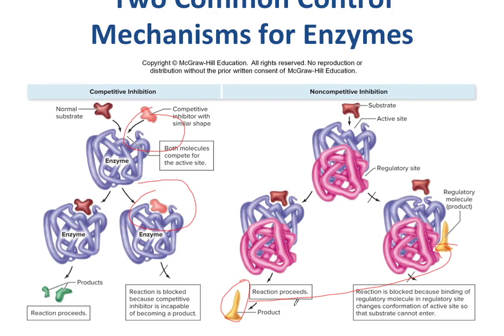The inhibitors can be the products of the chemical reaction, so they can go back to bind with the regulatory site of the enzyme to decrease this chemical reaction. This is called a negative feedback pathway, right? Non-competitive inhibition widely exists in the cell for the negative feedback pathway.